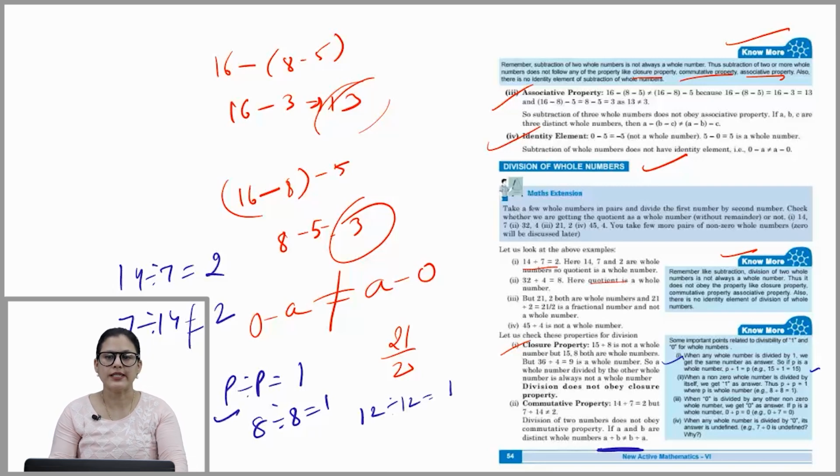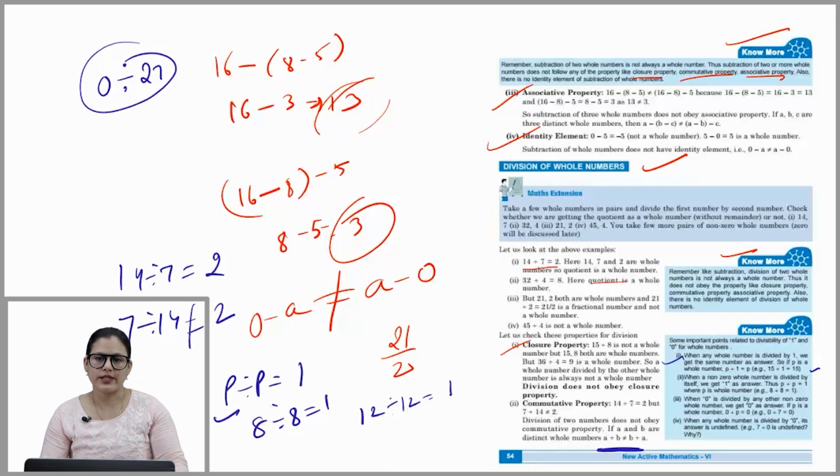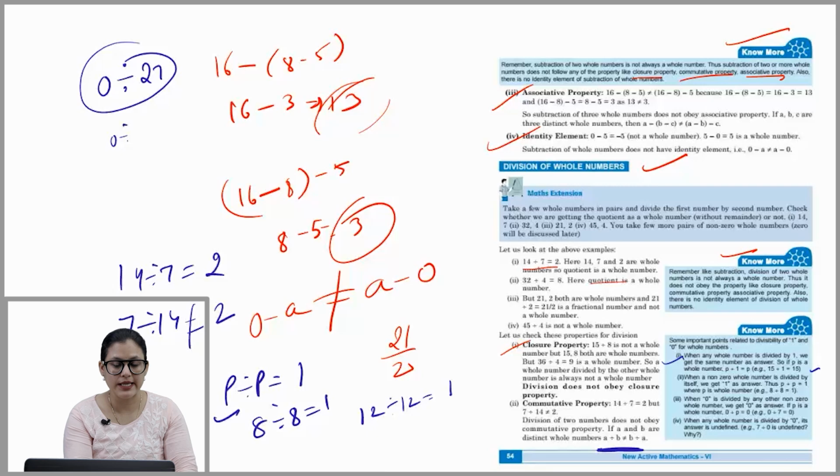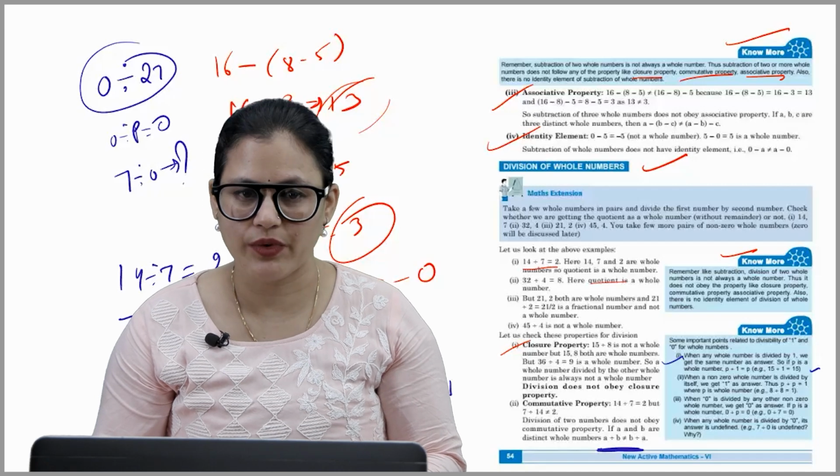Number 3, when 0 is divided by any non-zero number, we get 0 as the answer. If P is a whole number, then 0 divided by P is equal to 0, right? Number 4, any whole number divided by 0 is undefined. So, 7 divided by 0 is undefined, right?